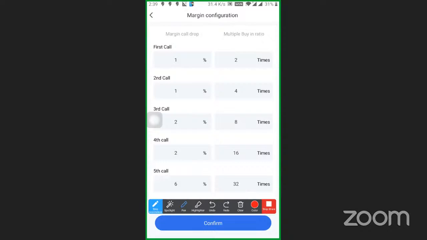It is very simple, very easy. Just keep on adding 1 plus 1. That is why it is called plus 1: 2, 3, 4, 5, 6, and so on, 10 times. And one more thing, if you want to change these figures, the margin call drop, you have to change it every time you change the margin calls.